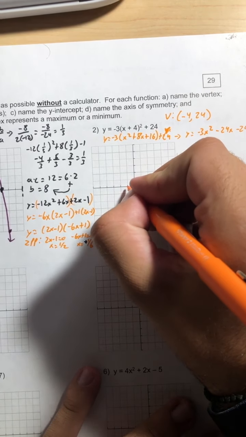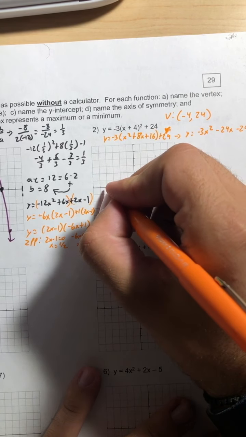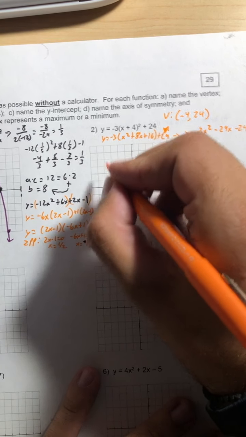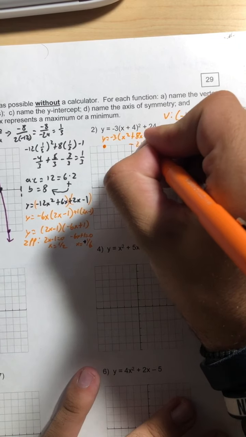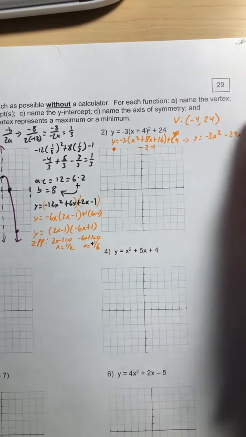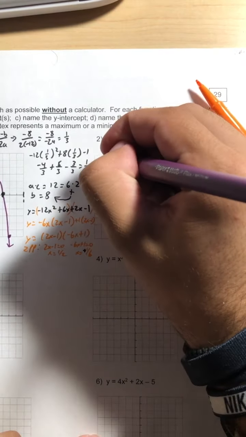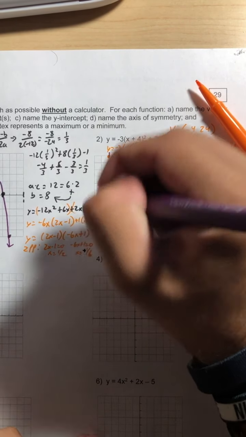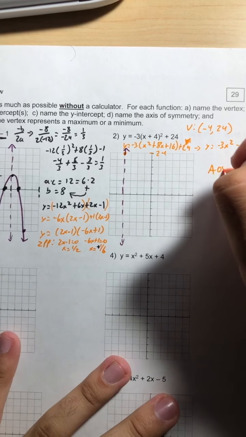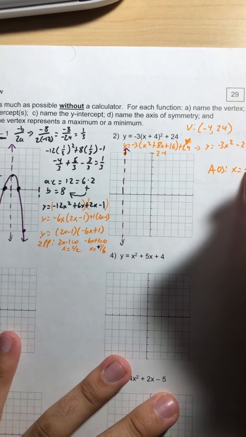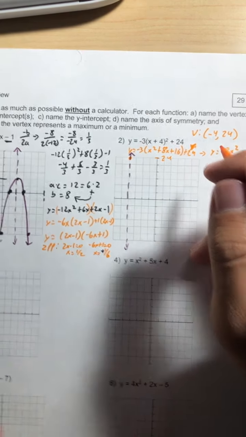So my vertex is at negative 4, positive 24, so I'm just going to put that up here. My axis of symmetry is going to go through that point. So, axis of symmetry is at negative 4.